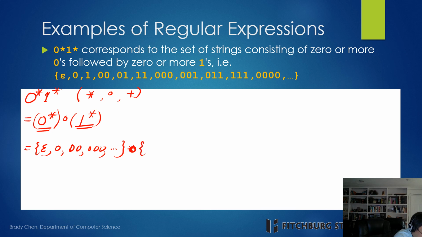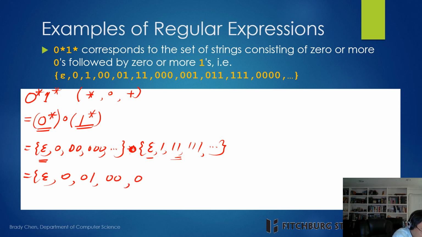And the second is epsilon, 1, 11, 111, and so on. Now it's a concatenation, so you pick one element from the first language and another from the second, and include all combinations. This gives you epsilon, 0, 1, 00, 01, 11, and so on.